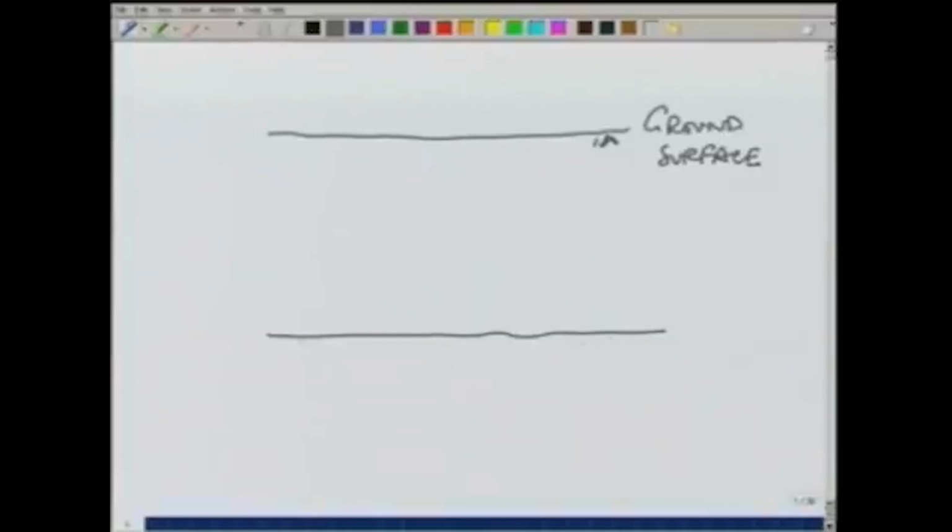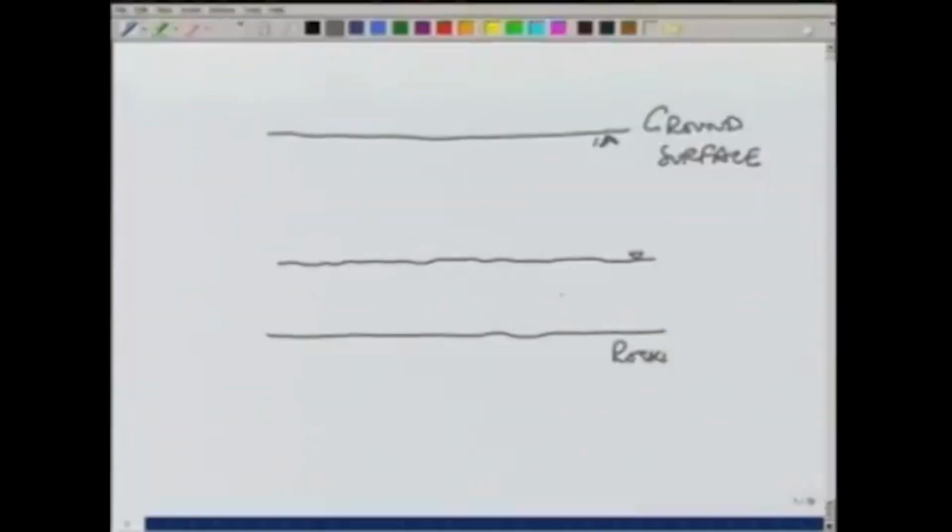So, water will be staying on top of this. And this portion shown here by this line, below this all the soil pores are filled with water. Therefore, this is known as saturated zone.